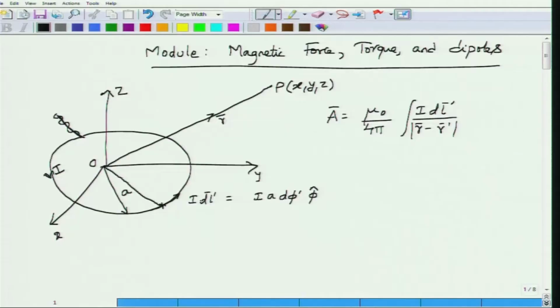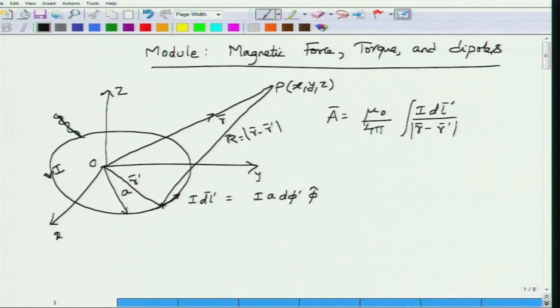So the line element I dl prime is given by I a d phi prime into phi hat. Of course I also need to consider capital R, which is the distance from the field point to the source point. This is the source position vector r prime.